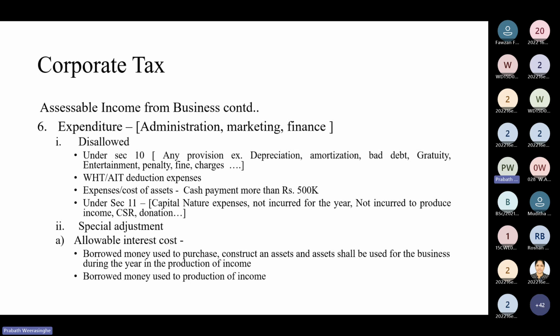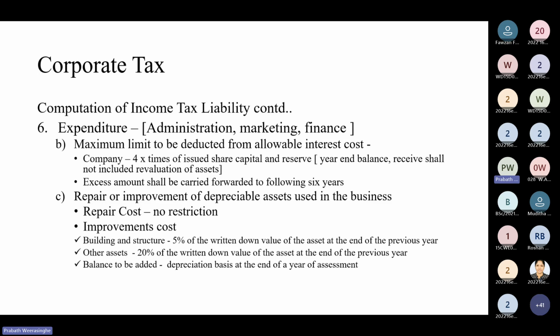Yes, but these conditions need to be satisfied. The borrowed money has been used to purchase an asset or construct an asset, and the asset shall be used for the production of income during the year, or any borrowed money which is used in the production of income. In such case, that interest is deductible. We are not bothering about short term or long term. First, these two conditions need to be satisfied. Thereafter, the maximum limitation is applicable in case of the company.